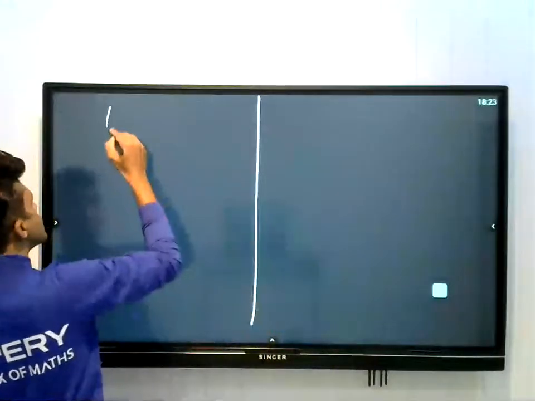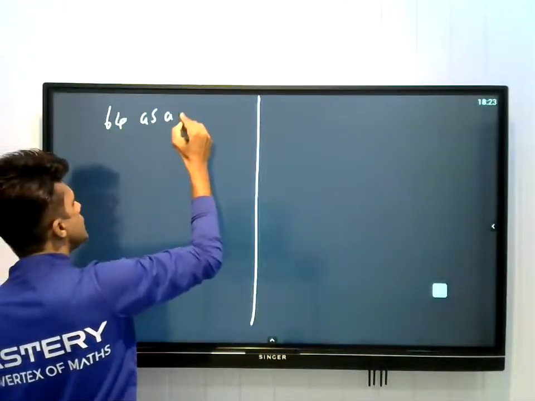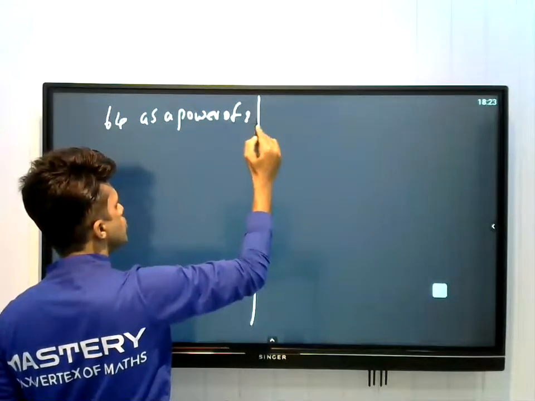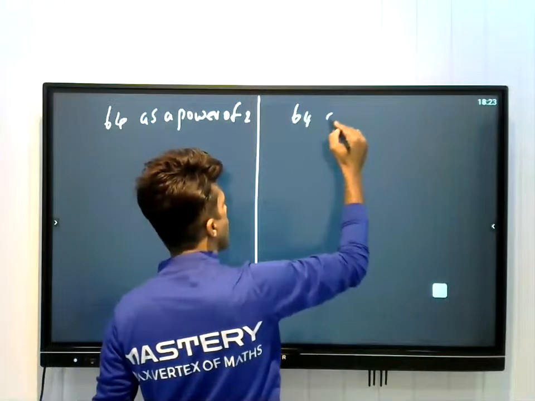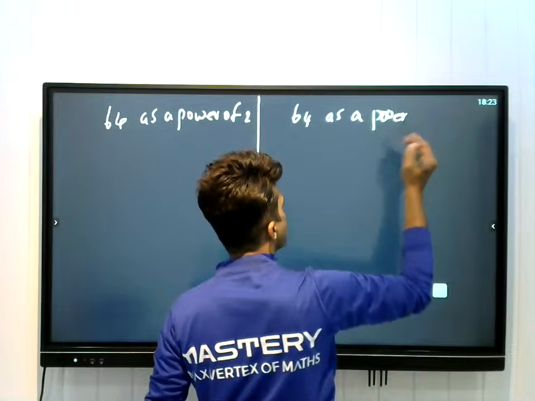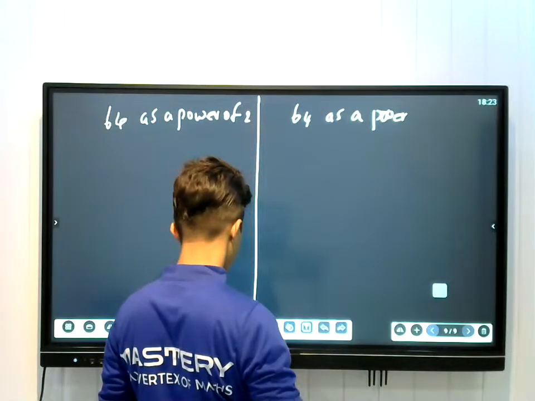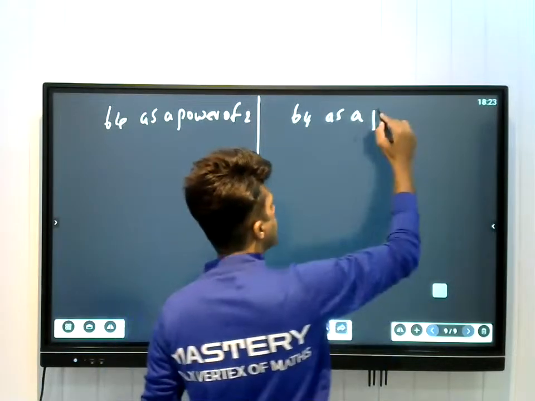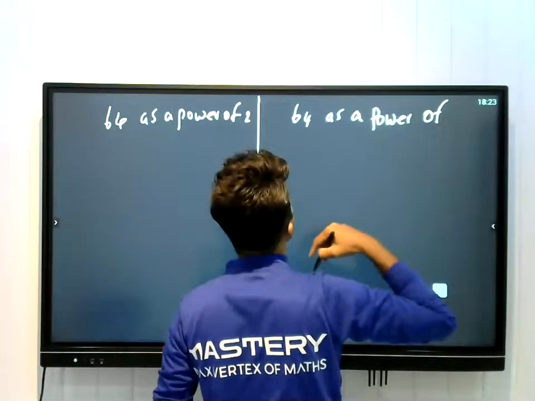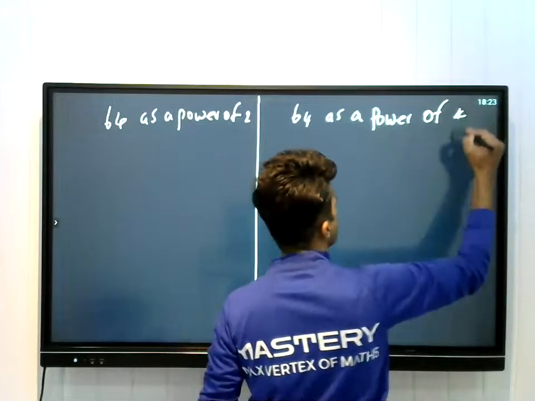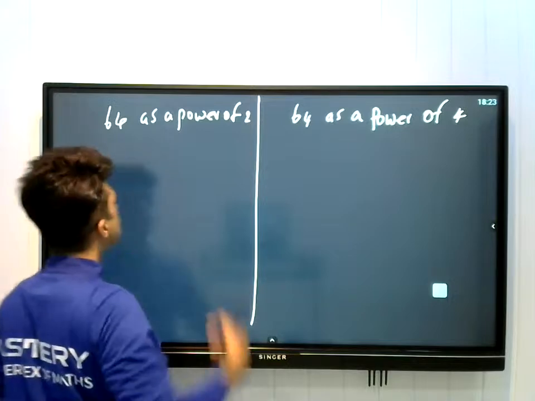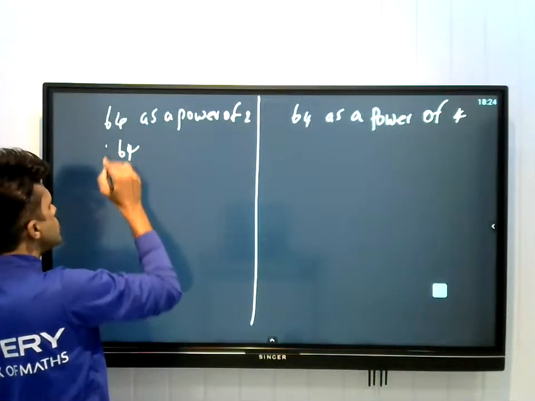Write 64 as a power of 2. Yes, 64 is divided by 2.